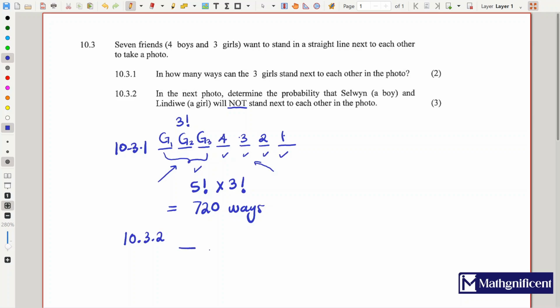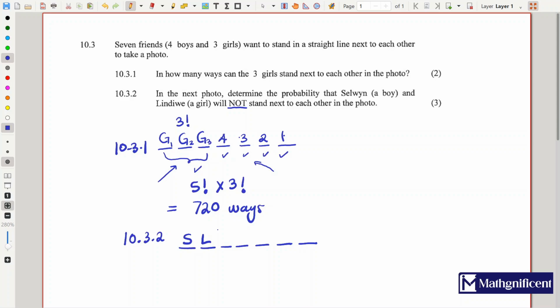I know that I have 7 spaces: 1, 2, 3, 4, 5, 6, 7, right? I want to calculate that S and L stand next to each other, because the event that they don't stand next to each other and the event that they stand next to each other are complementary events, which means their probabilities should add up to 1.